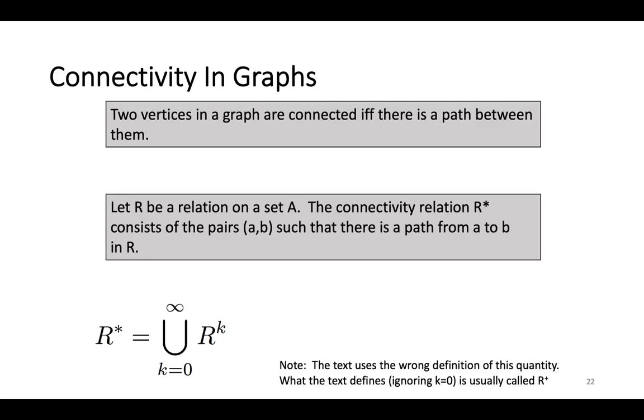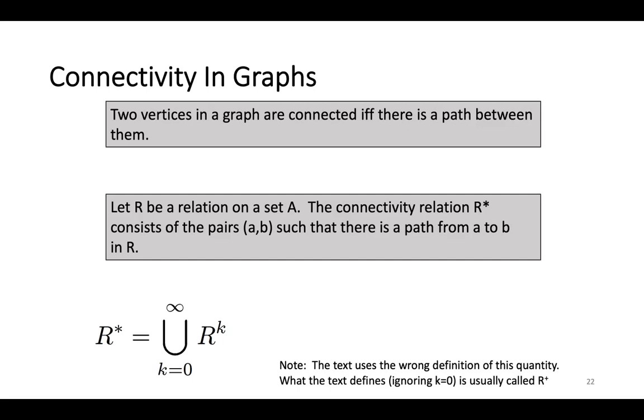So the connectivity relation R star consists of the pairs A and B such that there is a path from A to B in R. In this case, we can use any number of vertices between those.